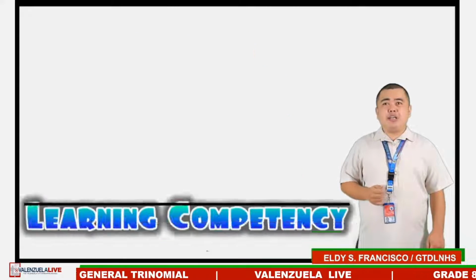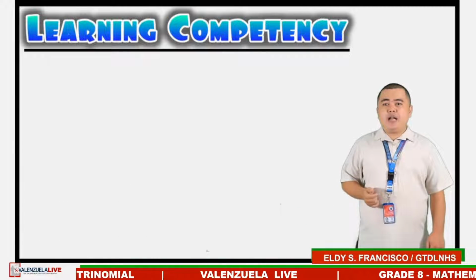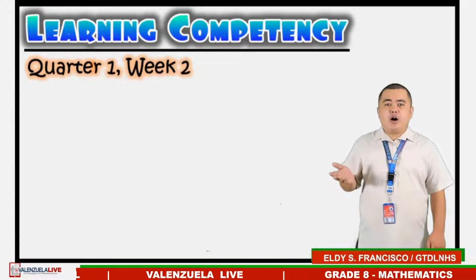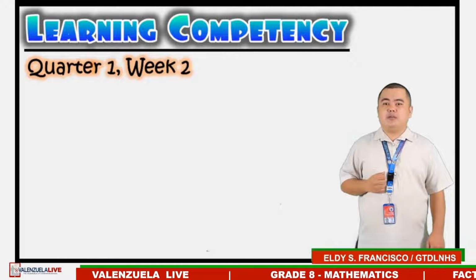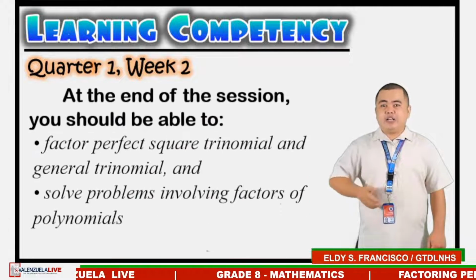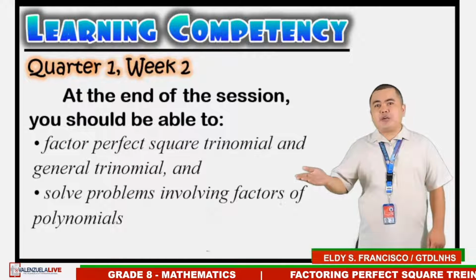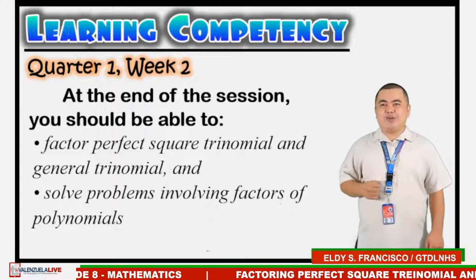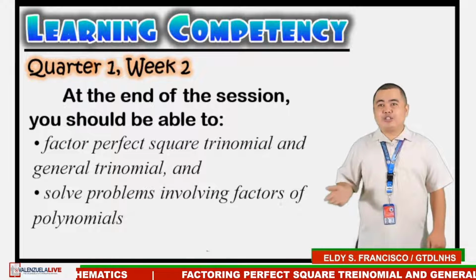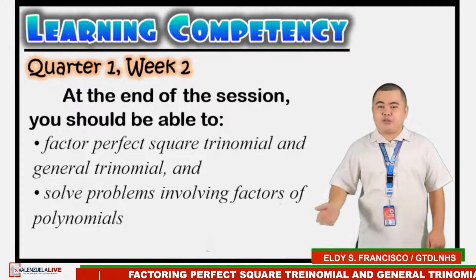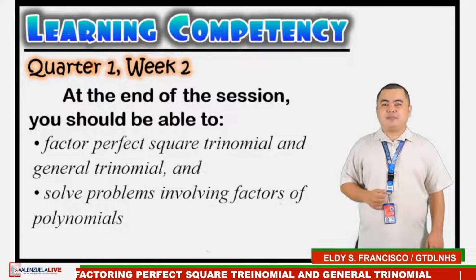And for our learning competency, we are now on the second week of the first quarter. At the end of the session, you should be able to factor perfect square trinomial and general trinomial, and solve problems involving factors of polynomials.